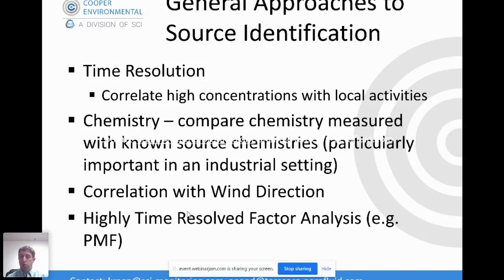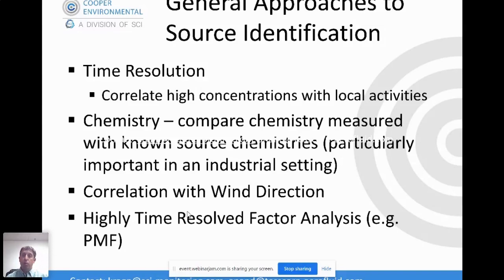And this is particularly important in an industrial setting where maybe if you're sampling outside of a plant and you know the chemistry that's involved in the plant, you can use what's being reported by the Xact to identify what's going on and what's producing the emissions from the facility.